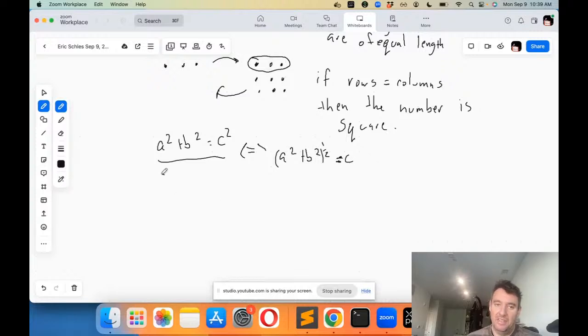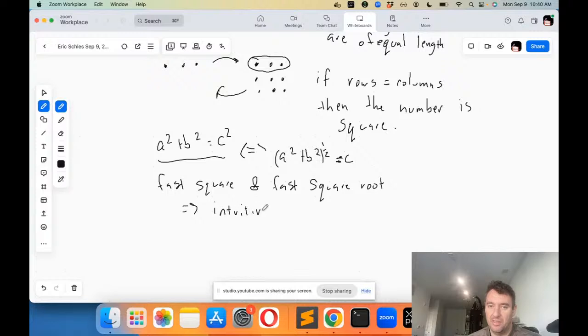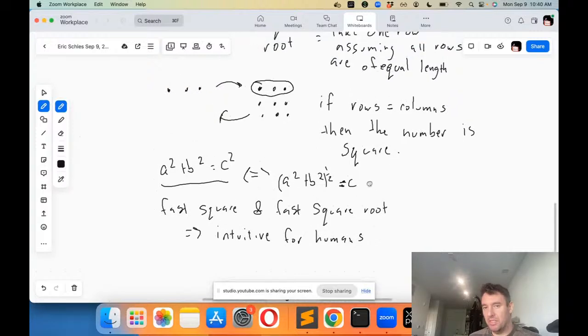So we have fast squares and fast square roots. And I mean fast in a very specific sense: intuitive for humans. It doesn't take an algorithmic procedure for calculating the square roots.